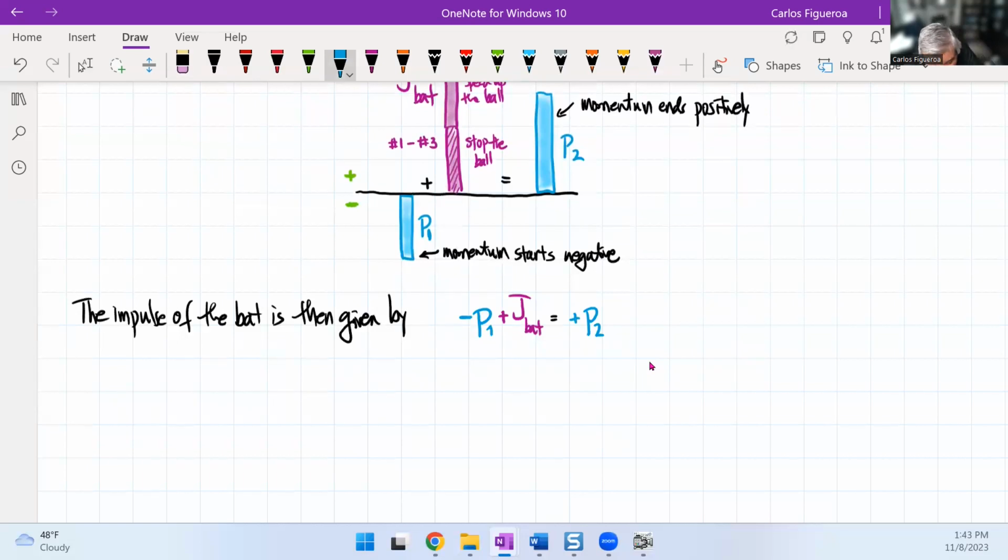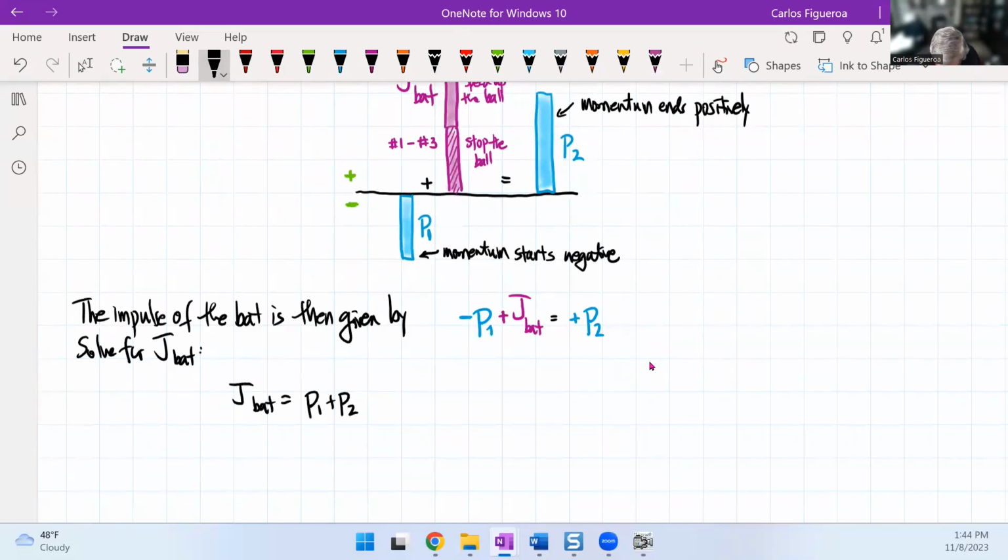So this becomes a really important thing here because look at the signs of the momentum. They are opposite on each side here. So now, if I solve for J of the bat, then I'm going to see that J of the bat is going to be P1 plus P2.